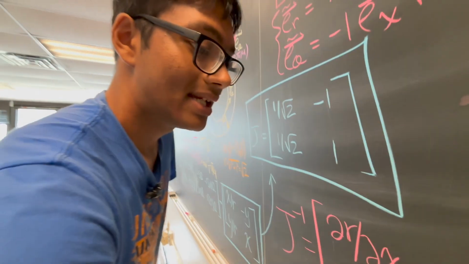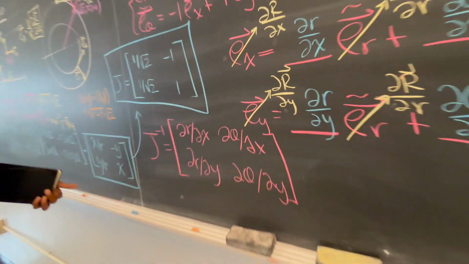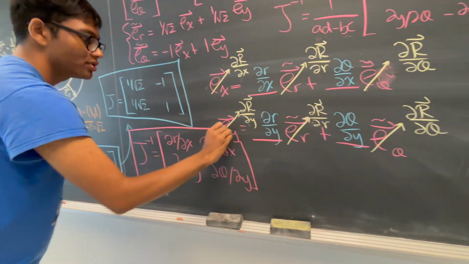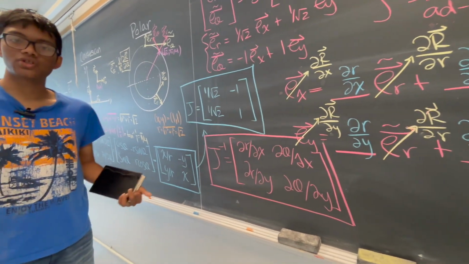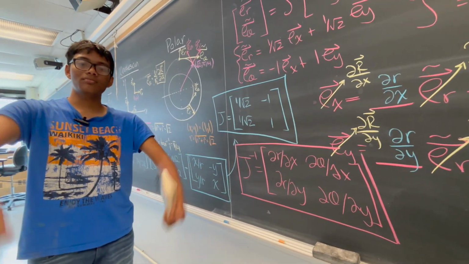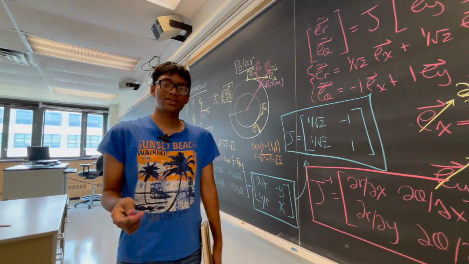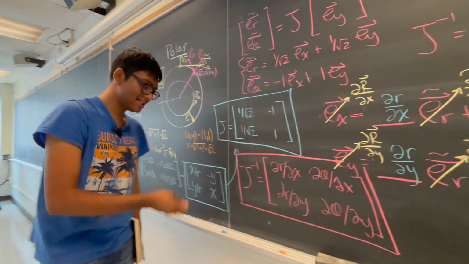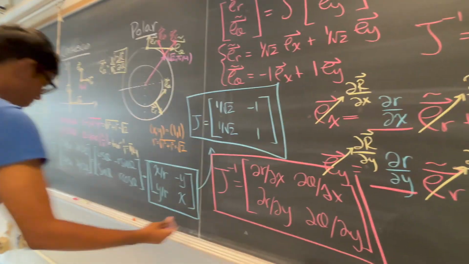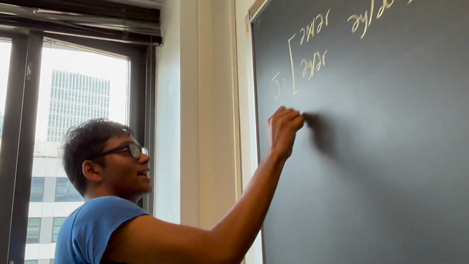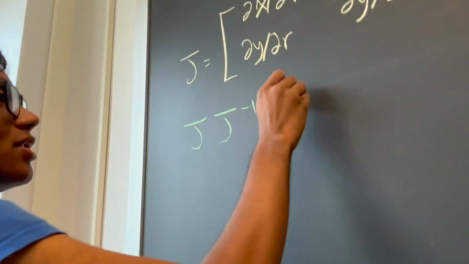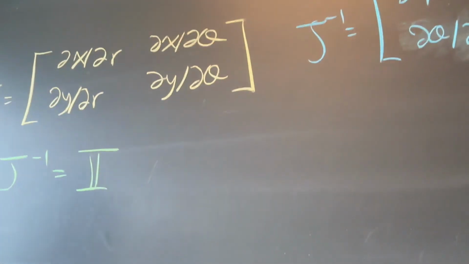Interesting. Now you might say, wait a second. How do I know you're not just fooling me? How do I know that this is really the inverse of the Jacobian? Bada bing, bada boom, multiply them together. And what do we expect if we multiply them together? The identity. Let us see if that is indeed what we get. Now, let's go ahead and demonstrate that multiplying the Jacobian and anti-Jacobian does indeed produce the identity.